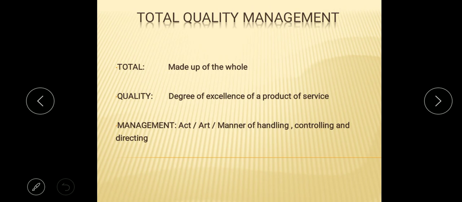Then management, it is an act or art or manner of handling, controlling and directing something. Okay, so if we combine these three words, we'll get that TQM is the art of managing the whole system to achieve excellence.